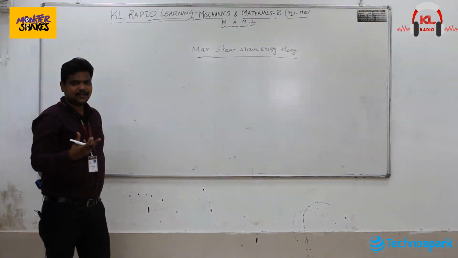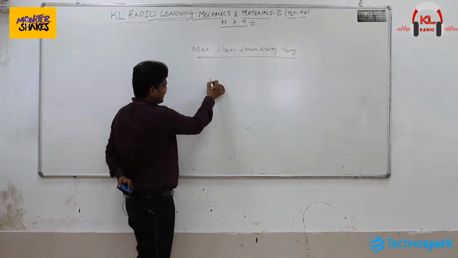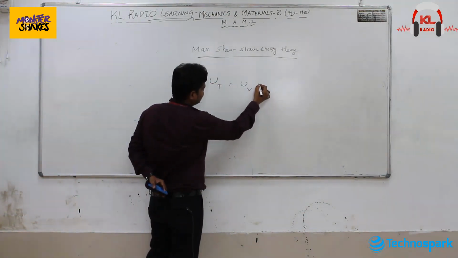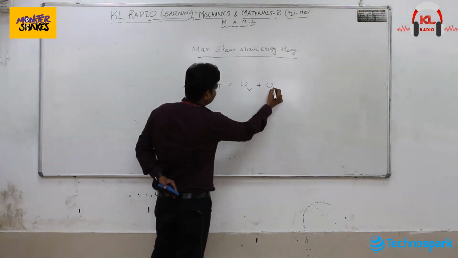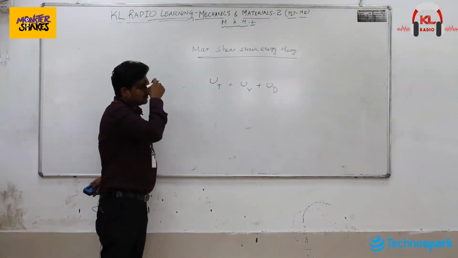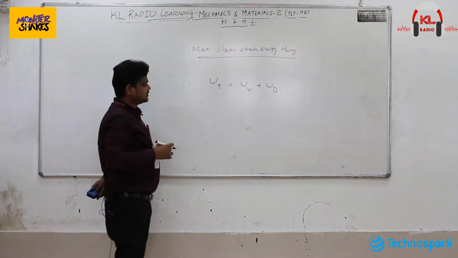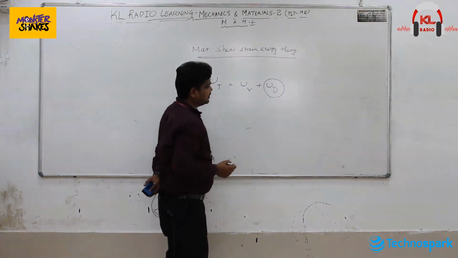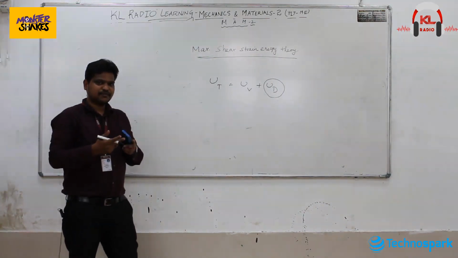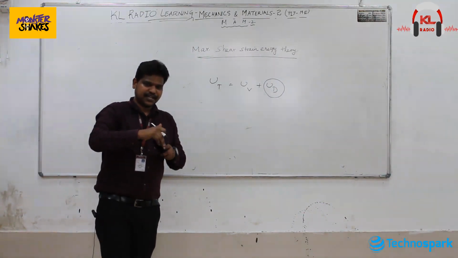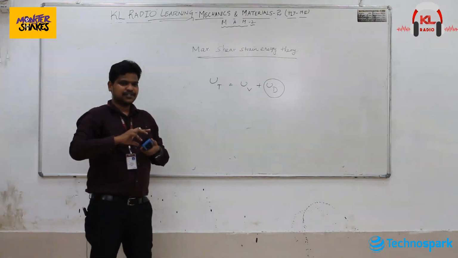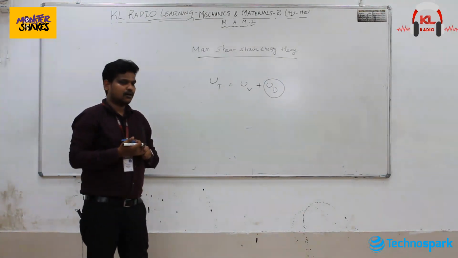The total strain energy has two components, which are a volumetric strain energy plus a distortion energy. Von Mises says that this distortion energy is the energy which makes the material shear, whereas the volumetric part does not contribute to shearing the material or distorting the component.